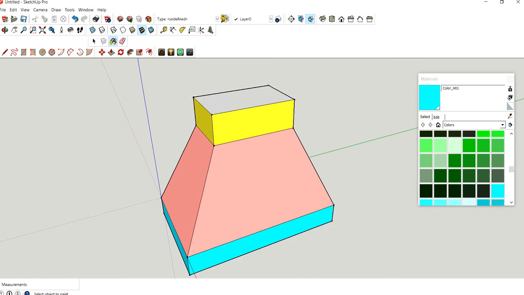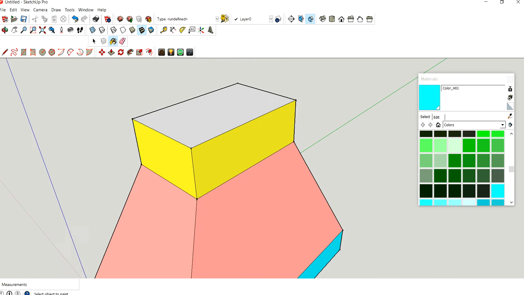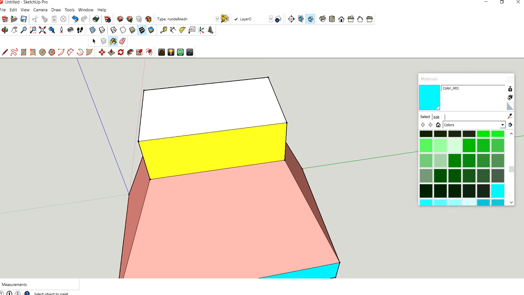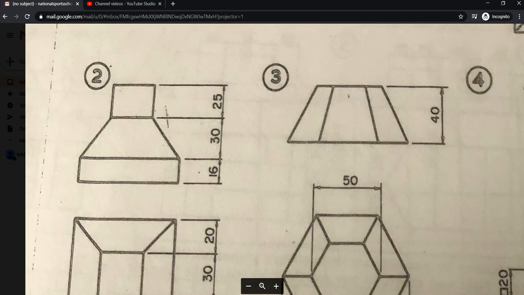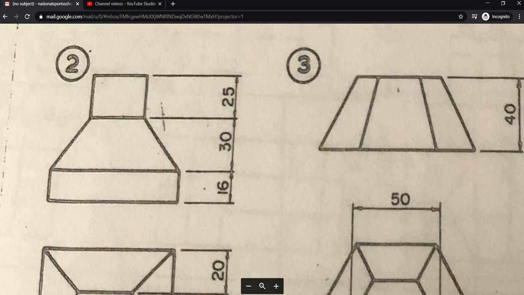Now we have the upper part, which is this. The height of the upper part, if you notice on page 42 over here, is 25.